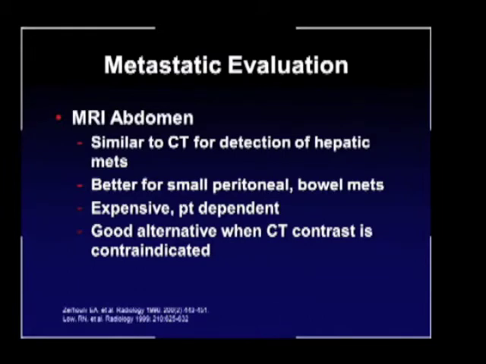However, it is expensive and it is patient dependent. For every good MRI scan, you're going to have a bad one. Patient with ascites, patient can't hold their breath, patient that moves. So it is very patient dependent and not always reproducible. However, it is a good alternative and a very good alternative whenever CT contrast is contraindicated.